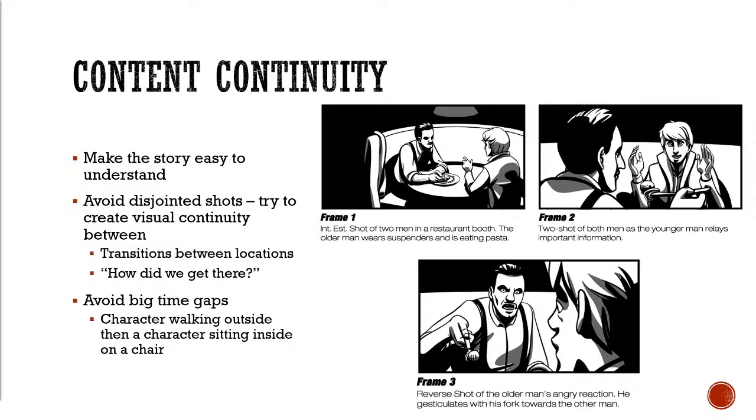Maybe not quite to that extreme, but that's a part of your story, and that's the only time you'd want to do something like that. You want to avoid more mundane how-did-we-get-there situations.